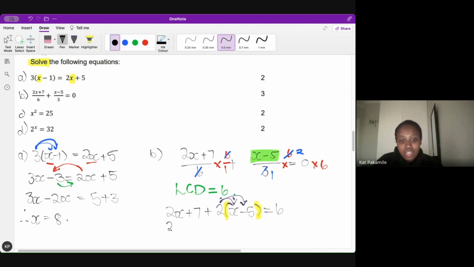So I'm just going to rewrite everything I'm not working with here. Plus 2 times x is just 2x. What is 2 times -5? -10. Great. Minus 10 is equal to 6.